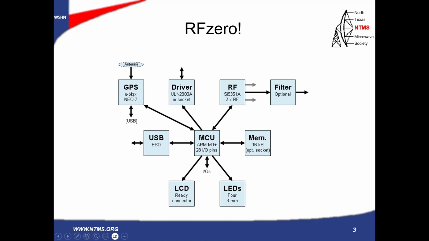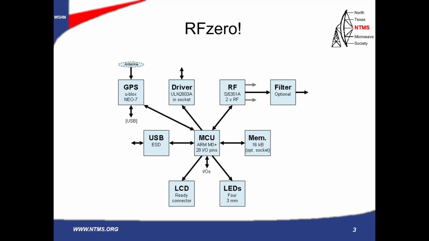Going from the upper left to the right, it's got a GPS on it, Neo 7. We're real familiar with that. It's got a driver, so this is socket loaded, ULN2803A, which is 8 Darlington pairs. We'll talk about that. Nice way to flip relays, Paul Sarver. RF side, it's got an SI5351A, got a couple of outputs.